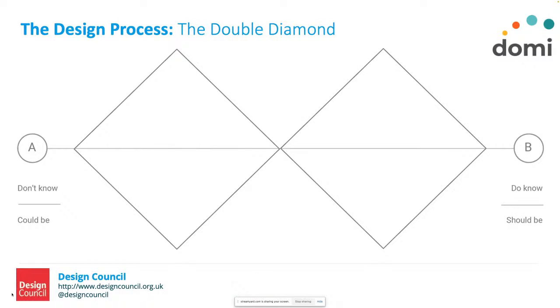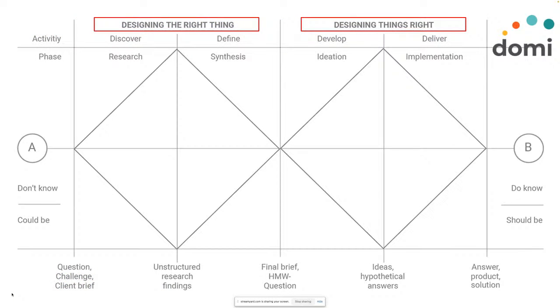Maybe the most popular design diagram is from the Design Council. It's also called the double diamond. On the left are things you don't know, just like your starting point. On the right, things you do know and the end point. So to add a little more layer of information to that, on the left, it's like the question, are we designing the right thing?